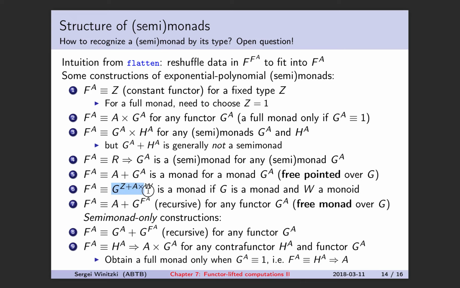Now this combination is interesting because it's a functor composition of two monads, of G and of this. And so this is an interesting example where a functor composition of two monads is again a monad. This is by no means always the case. But there are some monads, such as this one, such that a functor composition of an arbitrary monad G and this monad is again a monad.